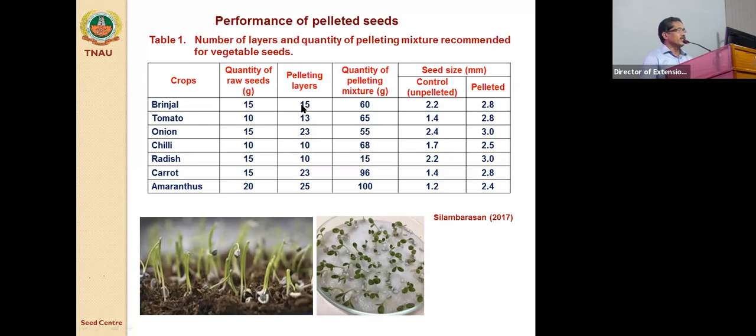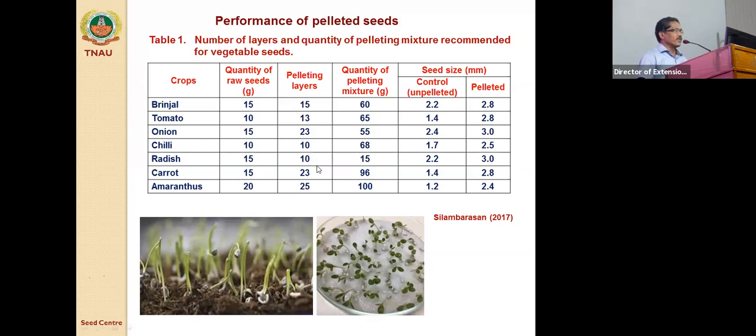If you go beyond 15 layers, there may be some negative effect. So we recommend up to 15, but it may be less, maybe 10 or 5, depending on your sowing machine. In mechanized sowing machines, the metering plate groove size will decide the size of the seed. So based on the available machine, you can go for different sizes.